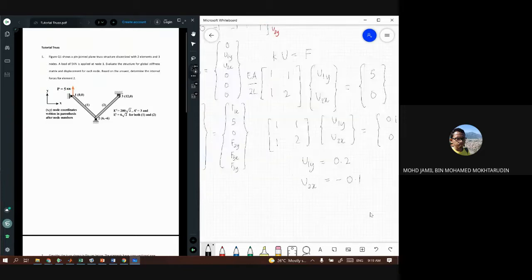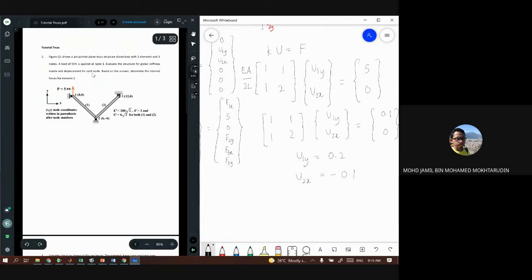Okay, so until here, now you already solved for the first question for the displacement and also for the global stiffness matrix. And then the next question asks you to determine the internal forces for element number 2. So only this element. The internal forces mean the forces acting on the bar, not in the components, not F2Y, F3X, and F3Y.